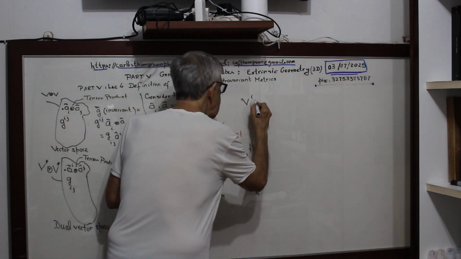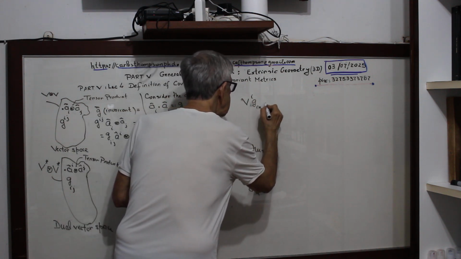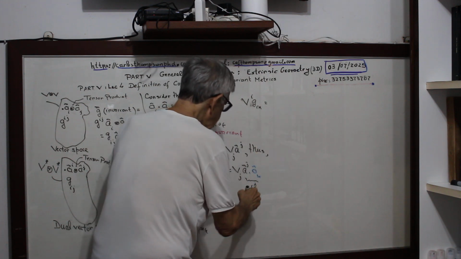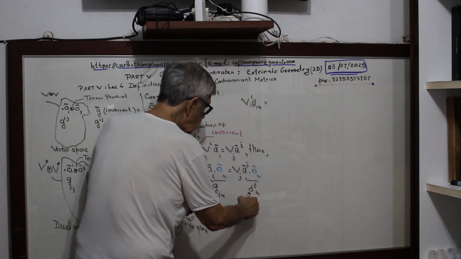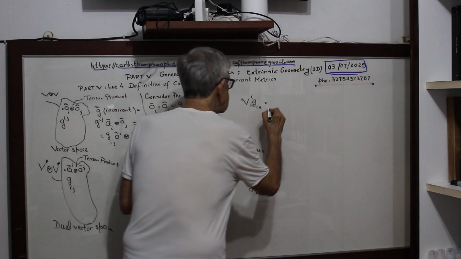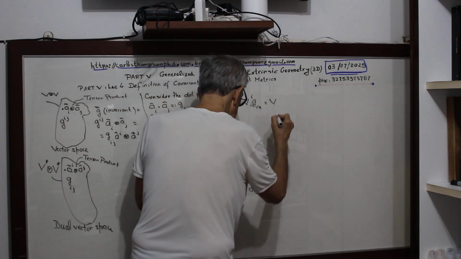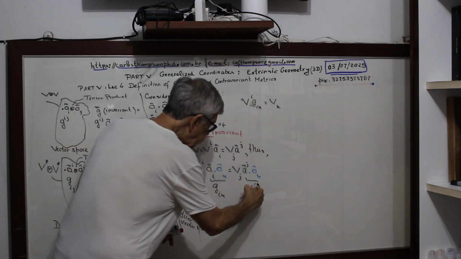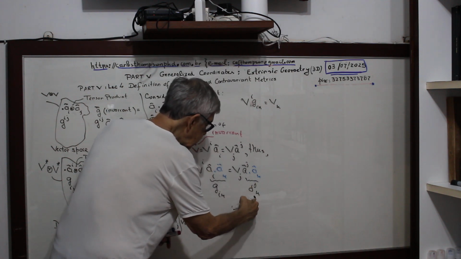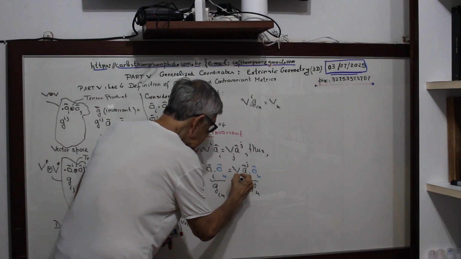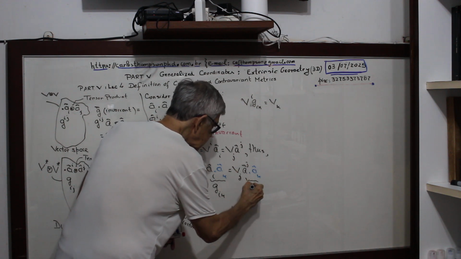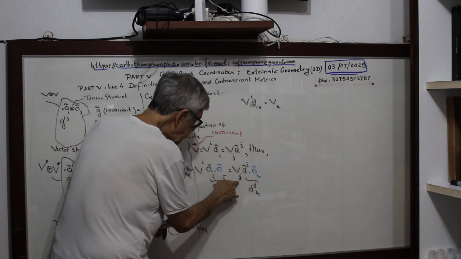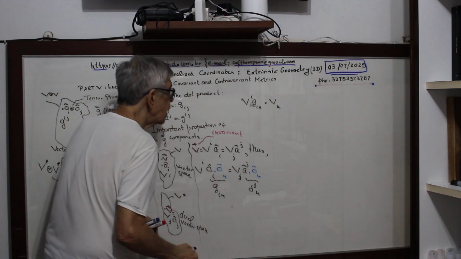G_ik is equal. Now, the property of delta, the Kronecker delta. This is equal to v_k. You see? The property of delta, this is j. I drop this and put that.